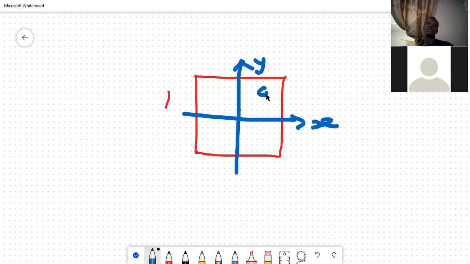A point A, somewhere here, will now have coordinates ya and then xa. So that's the distance parallel to the x-axis.